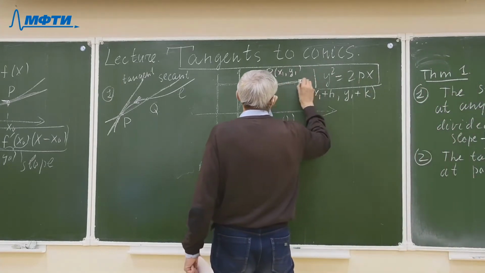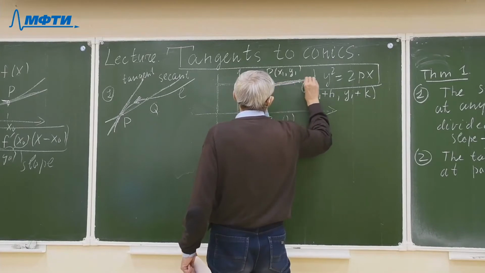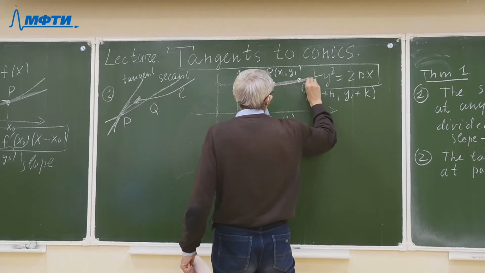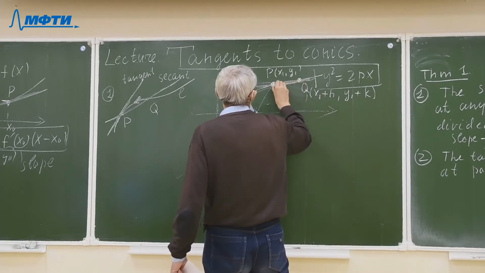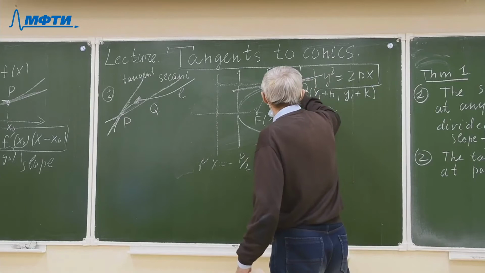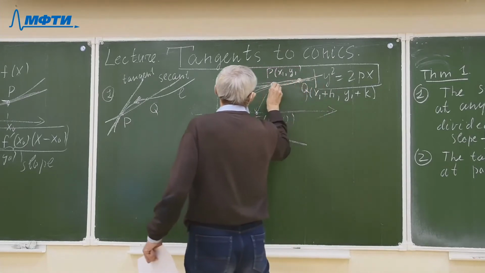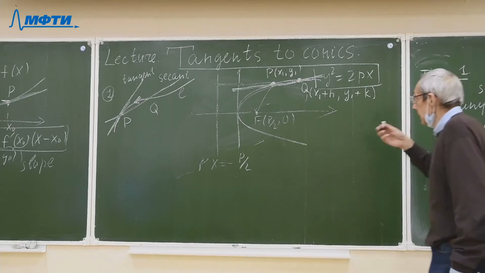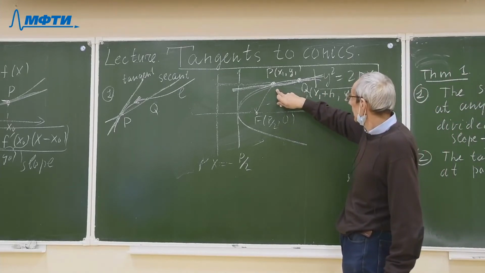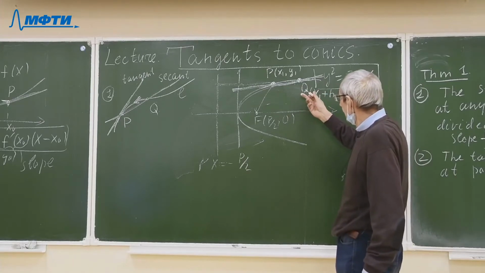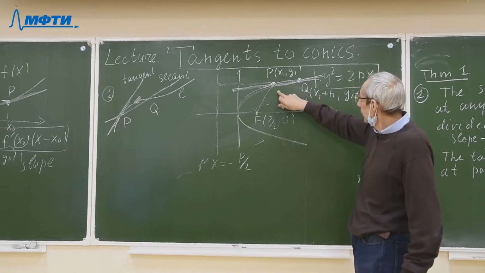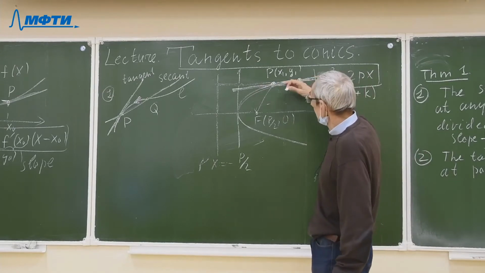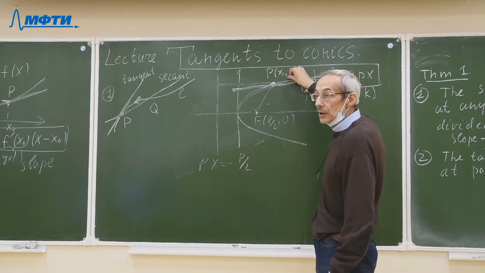And let's consider the secant PQ. We suppose that point Q goes to point P, and when the point Q goes to point P, the secant changes its position and tends to the position of the tangent straight line.